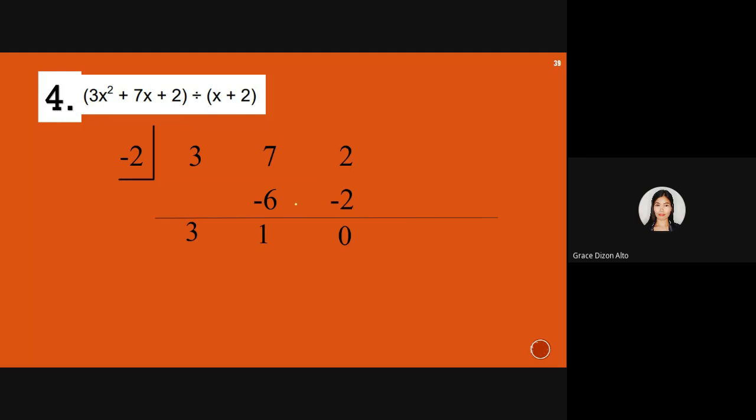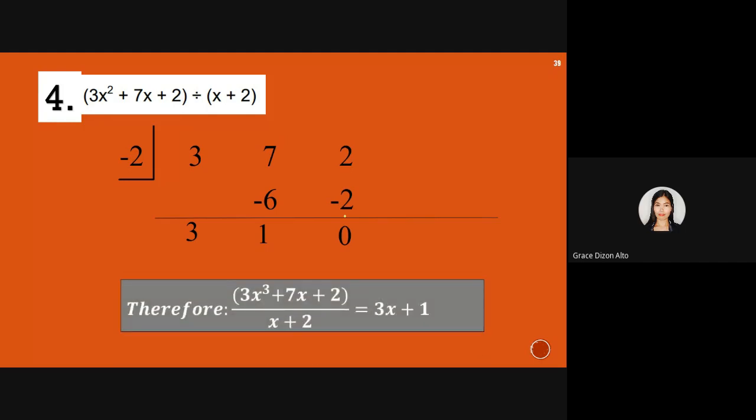So that's the process. Let's check: 3 times -2 is -6, plus 7 is 1, 1 times -2 is -2, and then 0. Therefore, our quotient will be 3x plus 1.